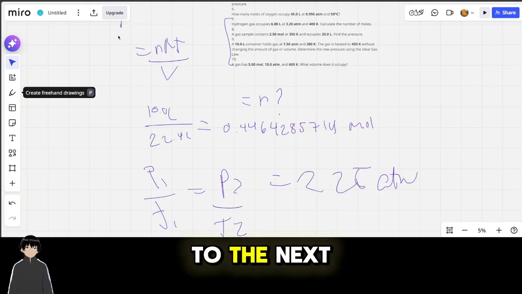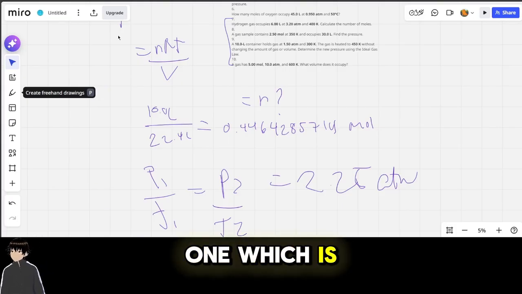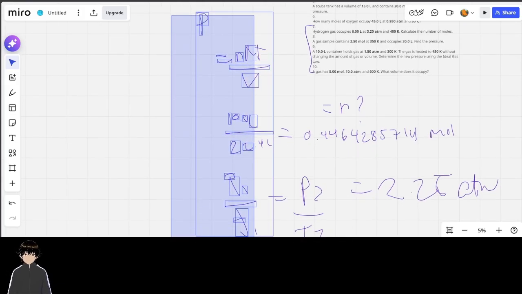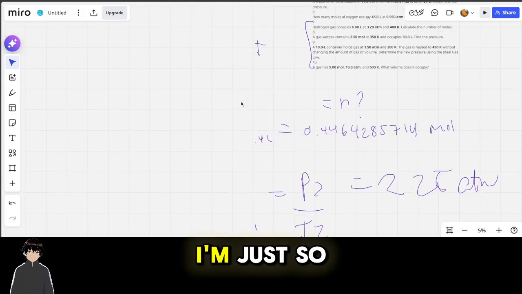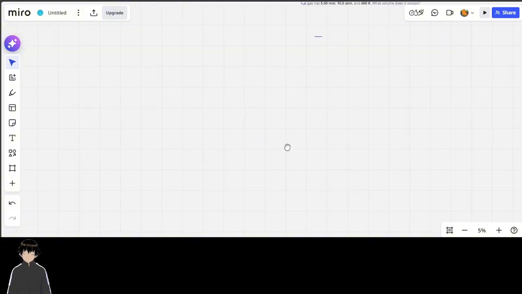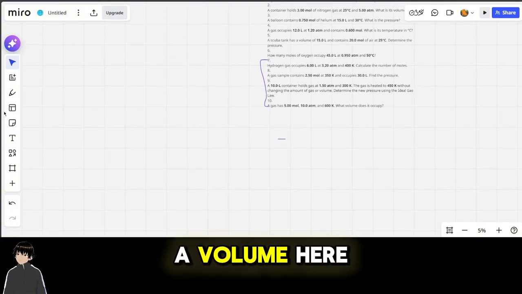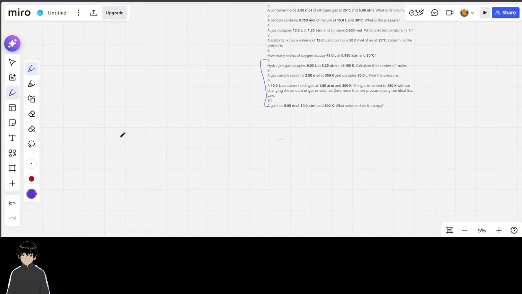I'm going to go to the next one, which is the last one. Try to find a volume here.